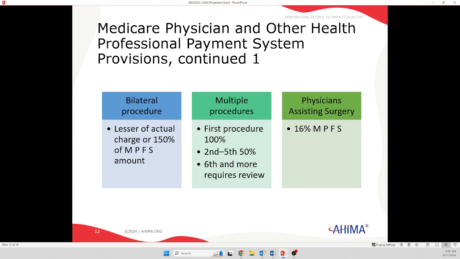Multiple procedures on the same day, we've talked about that one before. The first procedure is paid at 100%. The second through the fifth is 50%. And then if it's 6 or more, it requires review. And then 16% of the fee schedule if you are a physician that assists with a surgery. And there are a few others, but these are the primary modifiers.